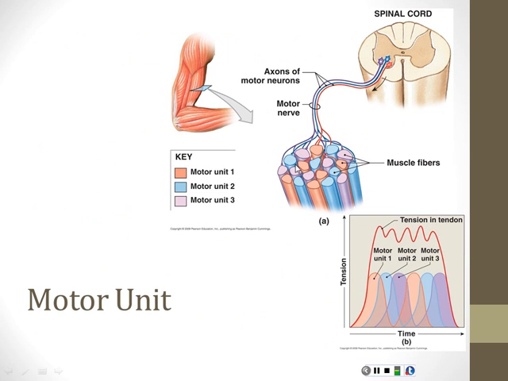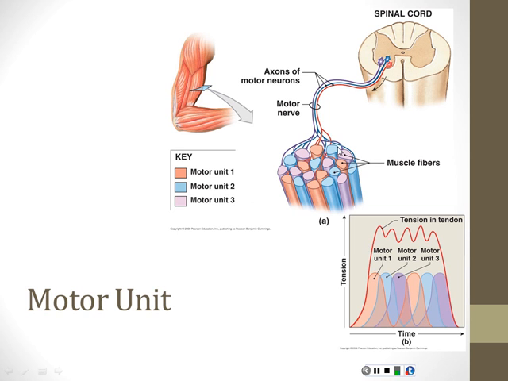So the purple ones are innervated by the purple neuron, the blue ones by the blue, the red ones by the red. So a key component here is every muscle fiber has only one neuron that innervates it. But a single neuron can innervate multiple muscle fibers. And all of the muscle fibers innervated by a single motor neuron, we call that a motor unit.